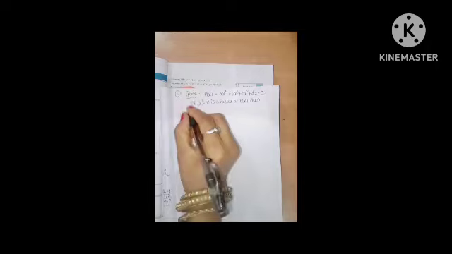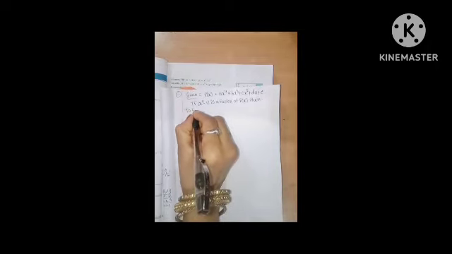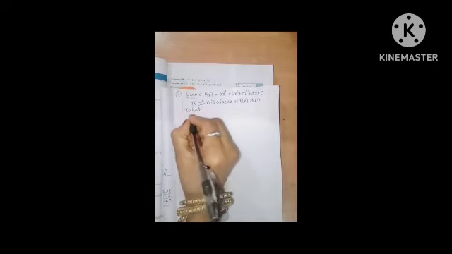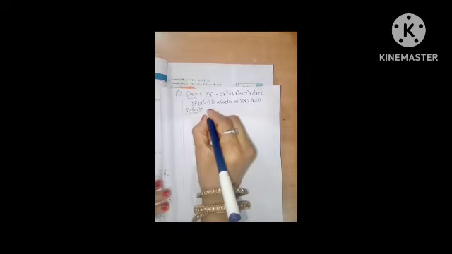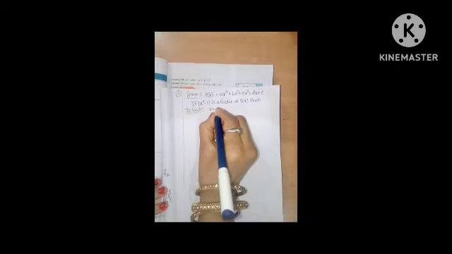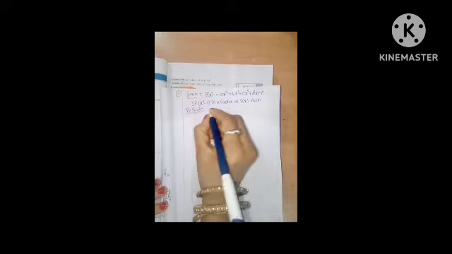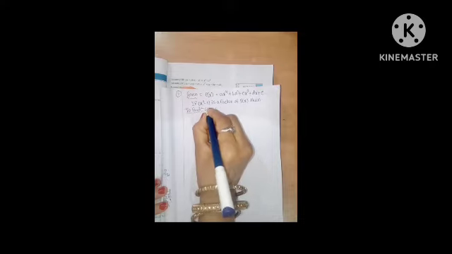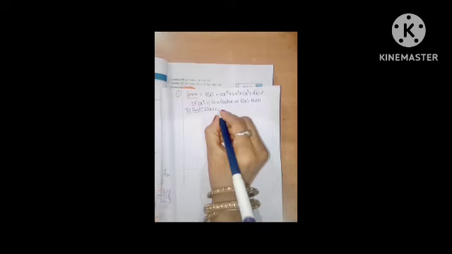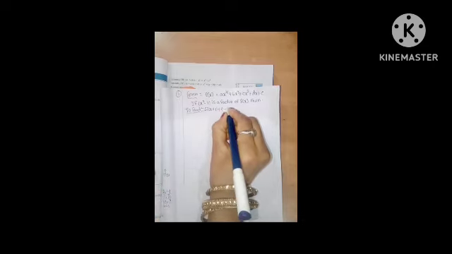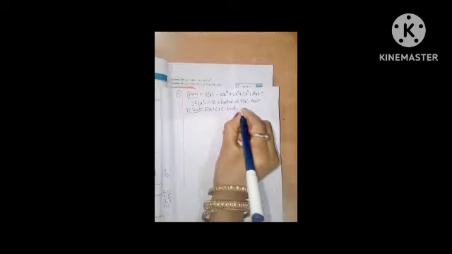to find is show that a plus c plus e equal to b plus d equal to 0.